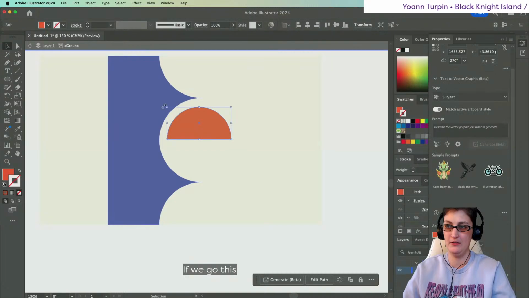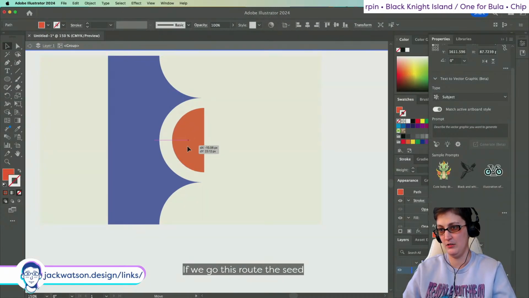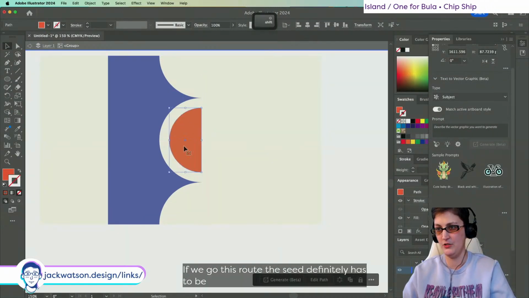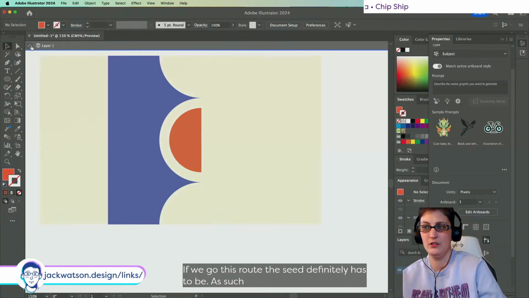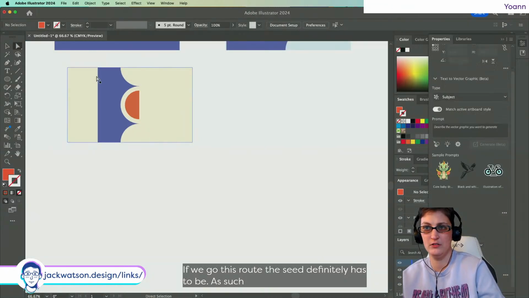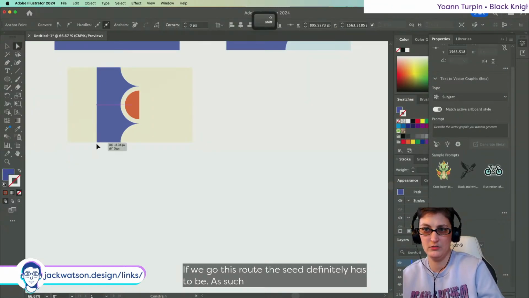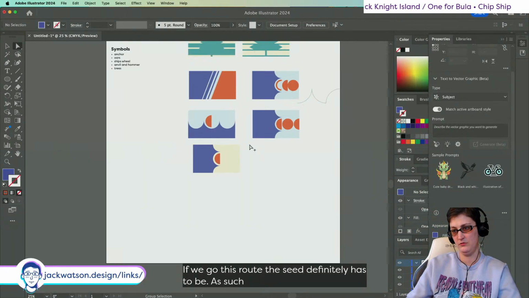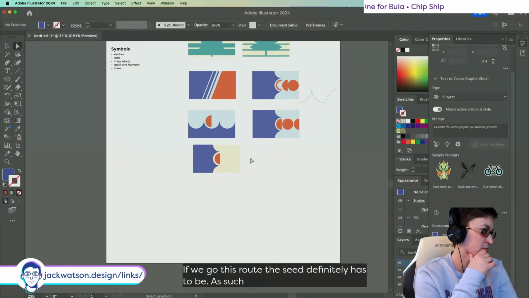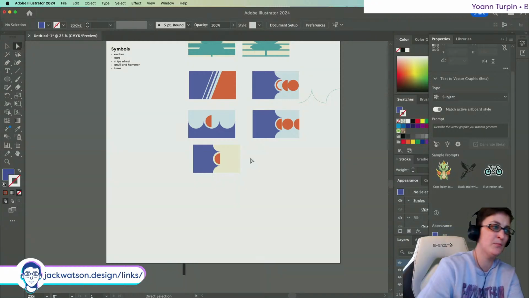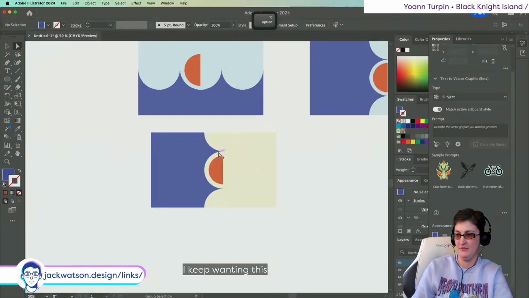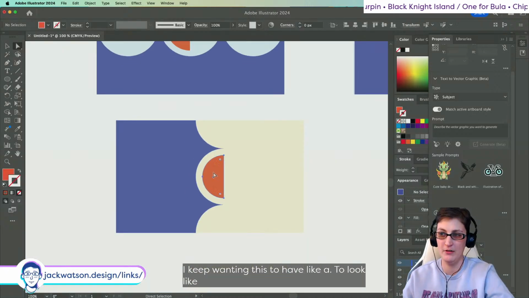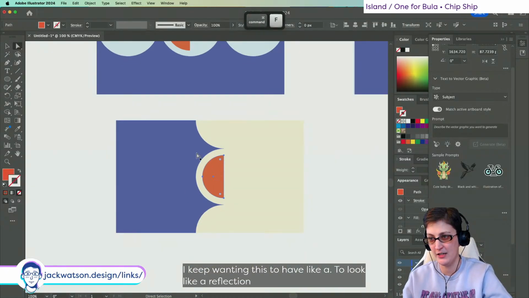If we go this route, the C definitely has to be as such. I keep wanting this to look like a reflection in some way, and I don't know how to do that. I'm struggling.